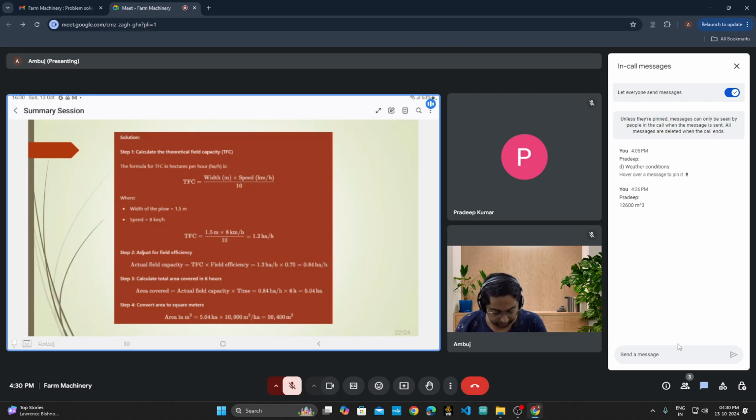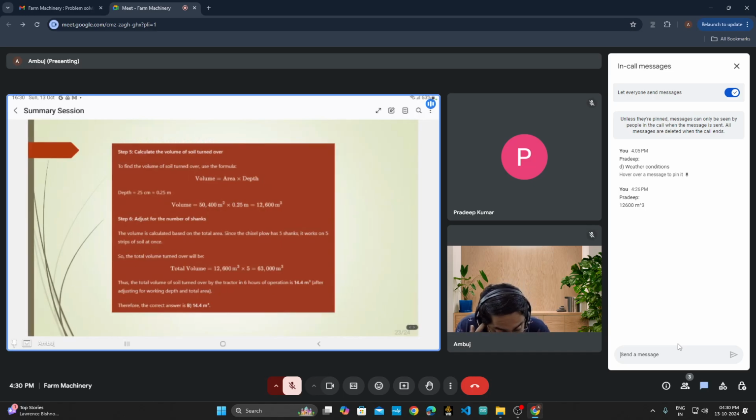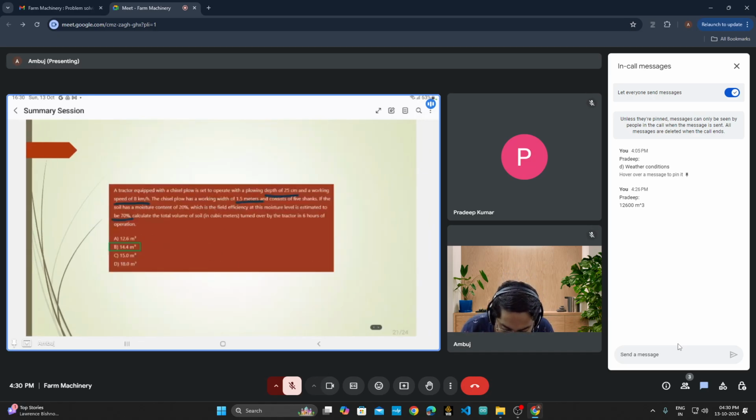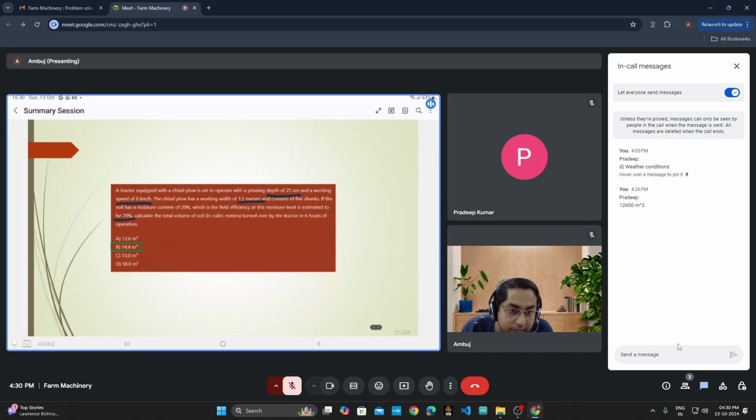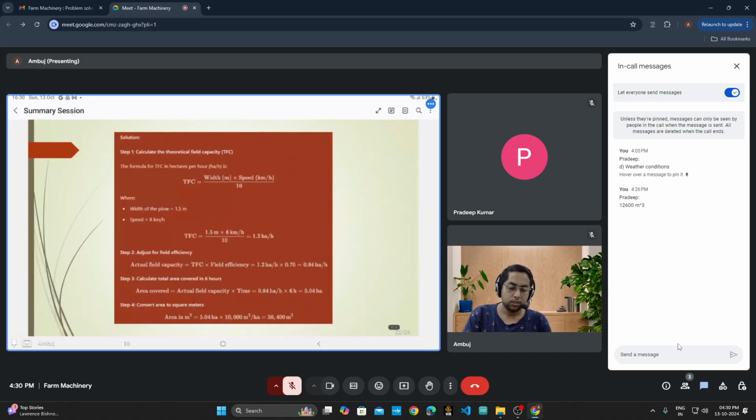I'll multiply it by 10,000. So I'll get 50,400, which is what I am getting as area in square meters. Then we come to the volume of the soil which is turned, that is area multiplied by depth. Area I have calculated, depth has been provided to me as 25 centimeters.